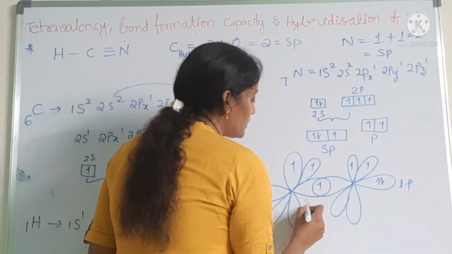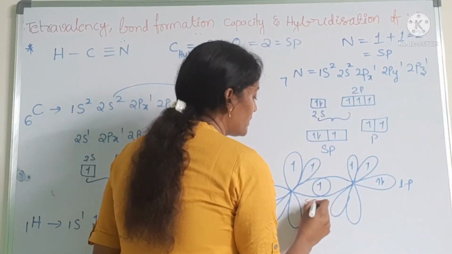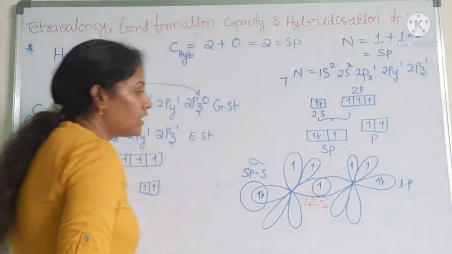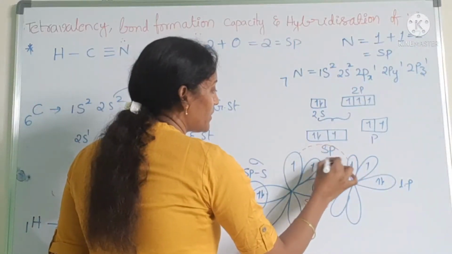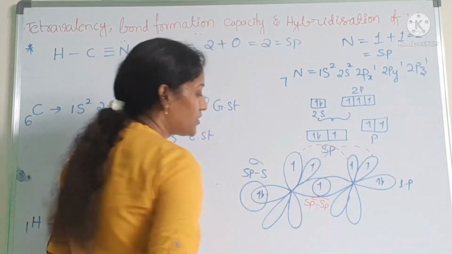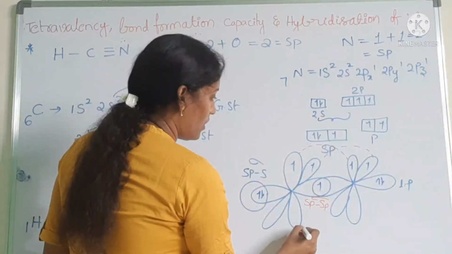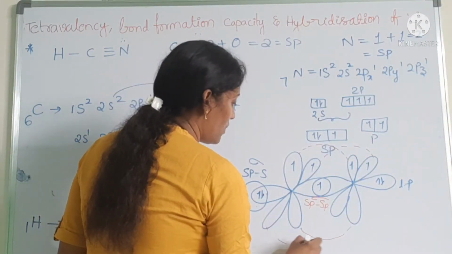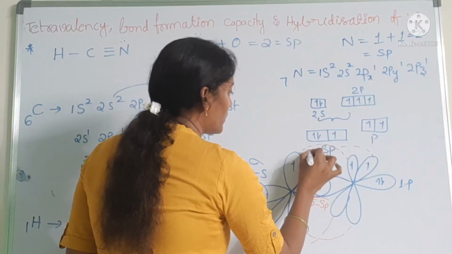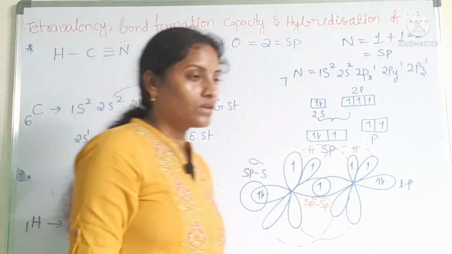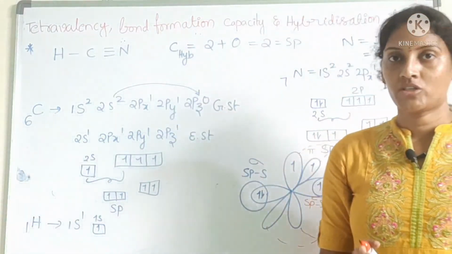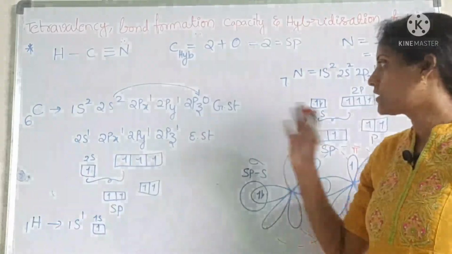See, this is the sp-sp sigma bond. These are the lone pairs. Coming to the unhybridized orbitals, these will overlap laterally with each other. They will form pi bonds. See, this is one pi bond, this is another pi bond. This is about triple bond formation in the HCN molecule.